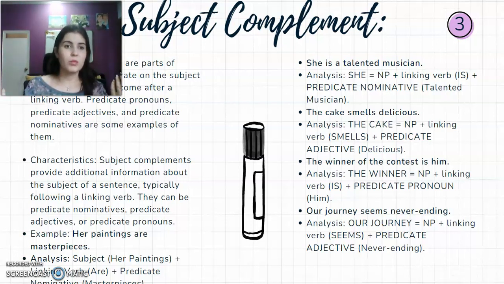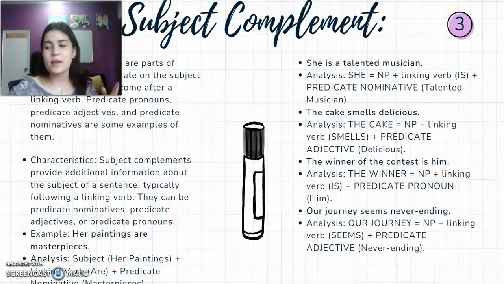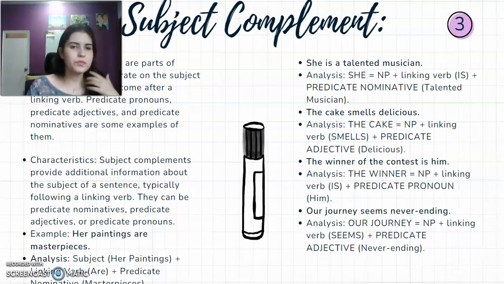So what are subject complements? We know what the subject is. It's the basic thing in a sentence. The subject complement is a part of the sentence that elaborates something more on the subject matter. We usually find it after a linking verb, as a predicate pronoun, predicate objective, or predicate nominative.